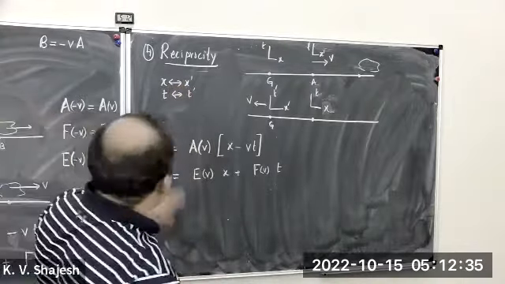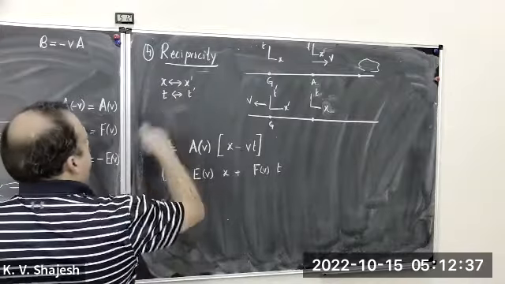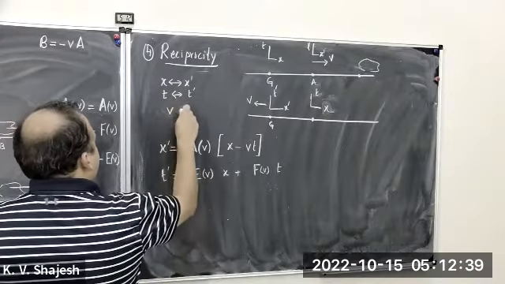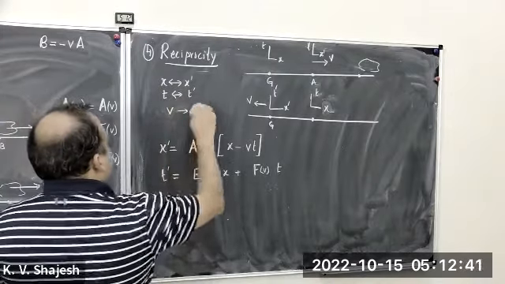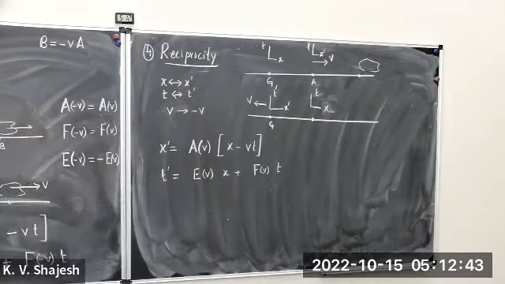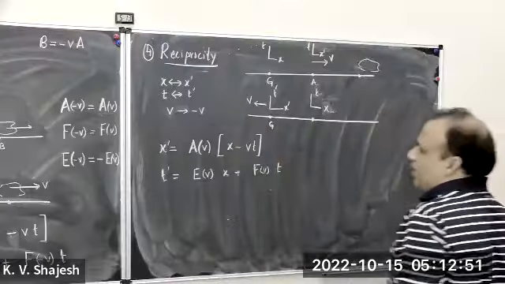So if I swap my x and x prime and v to minus v, then my equations should remain the same. That's fine. That is described by whether it is going this way or that way.